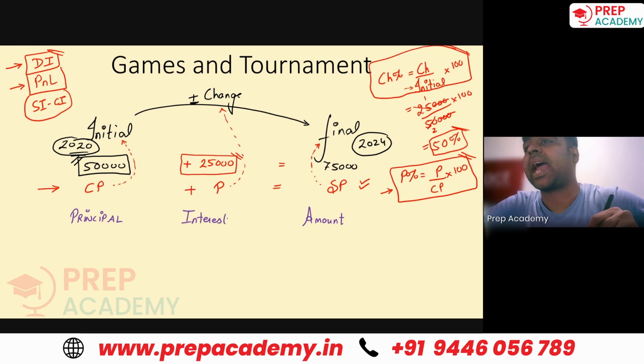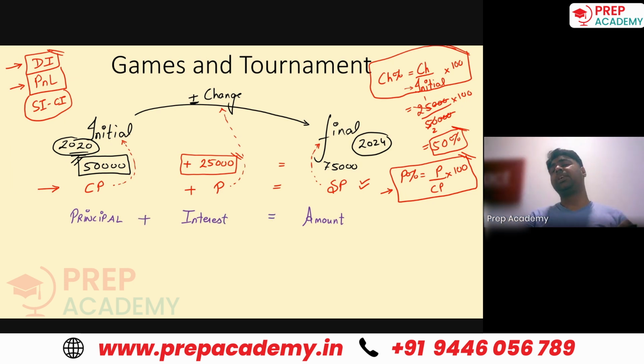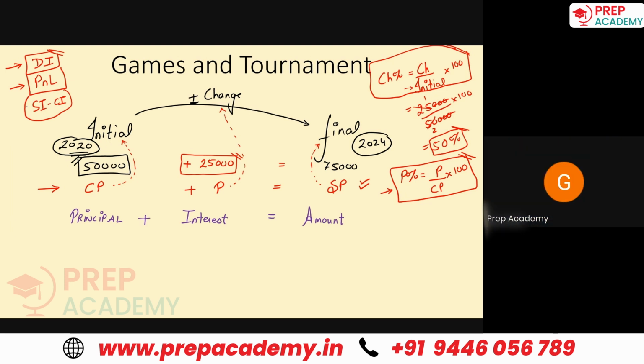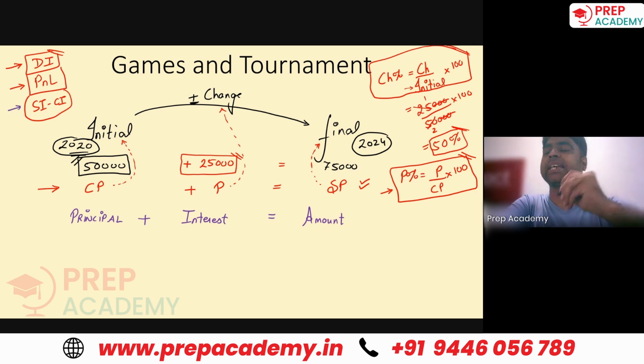What is the extra money that she gave me? She gave me 25,000 extra money. So that is the interest I earned by giving my 50,000 rupees to Henna for 4 years, isn't it? So this is how the formula of SI, CI, or the chapter of interest actually came into being. Principal plus interest is called amount.